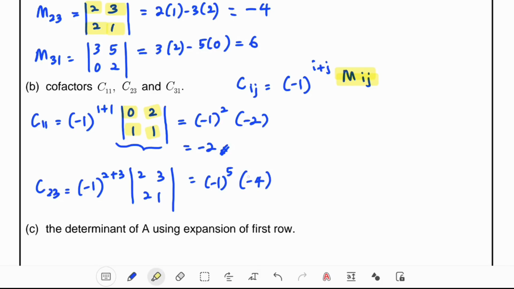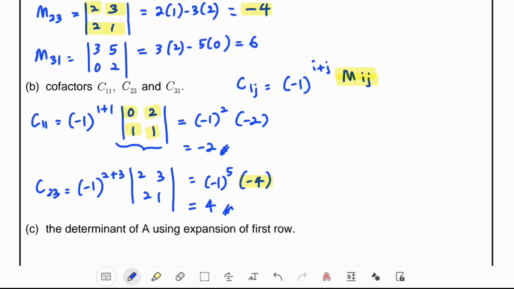How do you get negative 4? I just copy down from the previous part. So negative 1 to the power of 5 will give you negative 1. Negative 1 multiplied with negative 4 will give you 4 as the final answer.